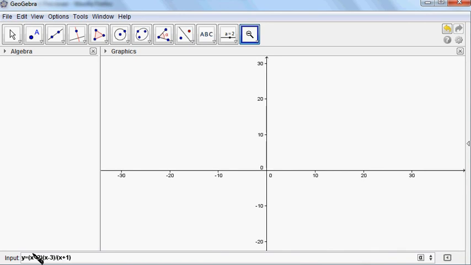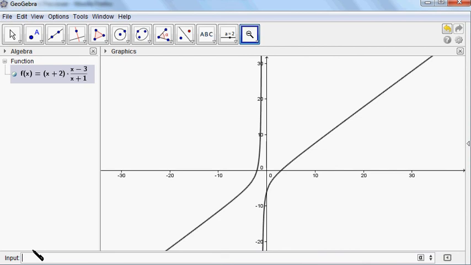So we have that, and hit enter. So we have a graph, and the tangent line is y equals 5x minus 6, then hit enter.